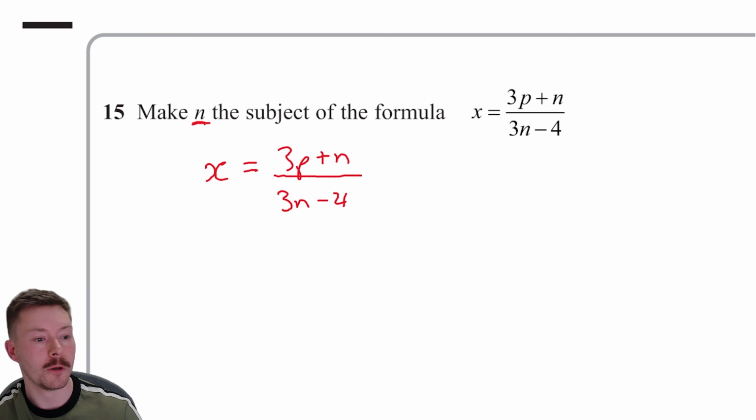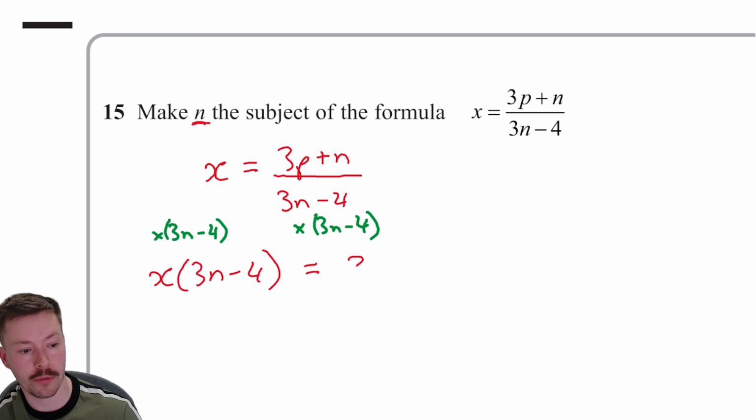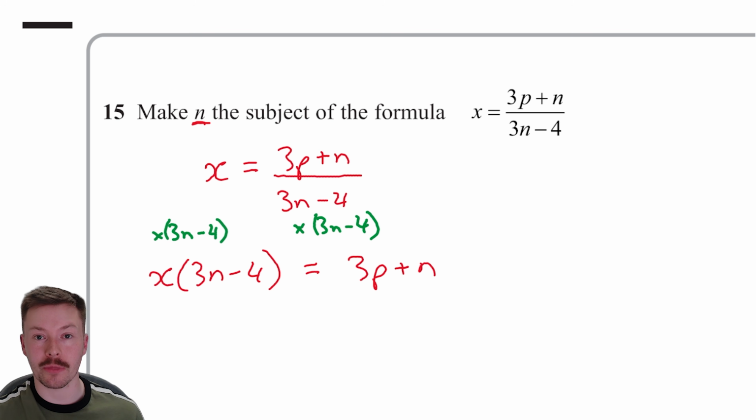That's better. I'm going to multiply both sides of the equation here by 3n minus 4. That will cancel out the denominator on the right-hand side. So that will give me x brackets 3n minus 4 is equal to 3p plus n. We then need to expand the brackets.